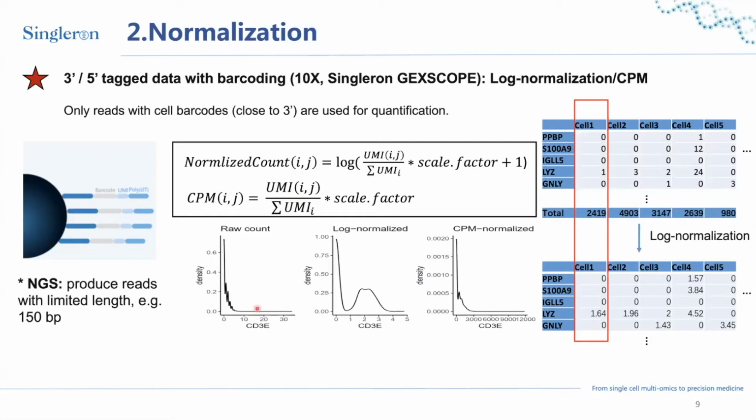And we will see that the log normalized data are more normally distributed compared to the CPM normalized data. So I would highly recommend you do the log normalization rather than CPM, and it's also the default normalization method in Seurat and Scanpy.